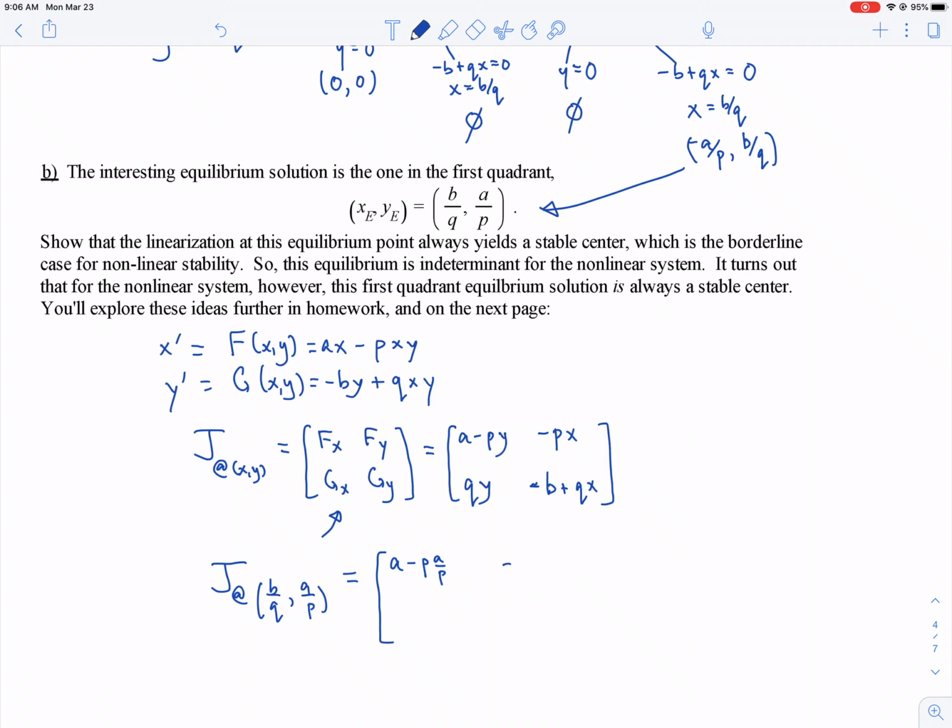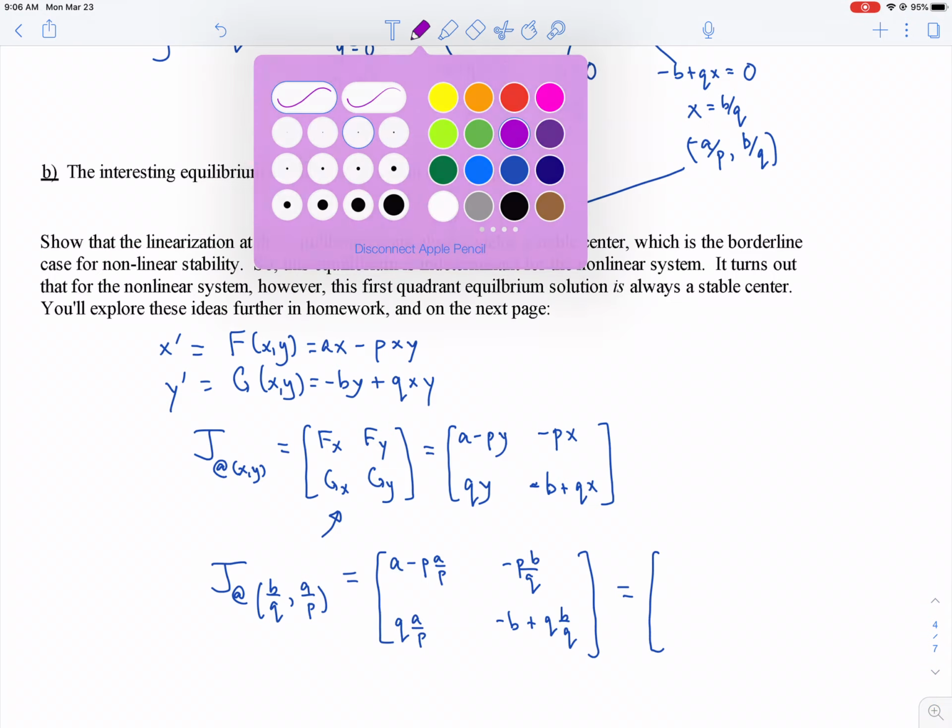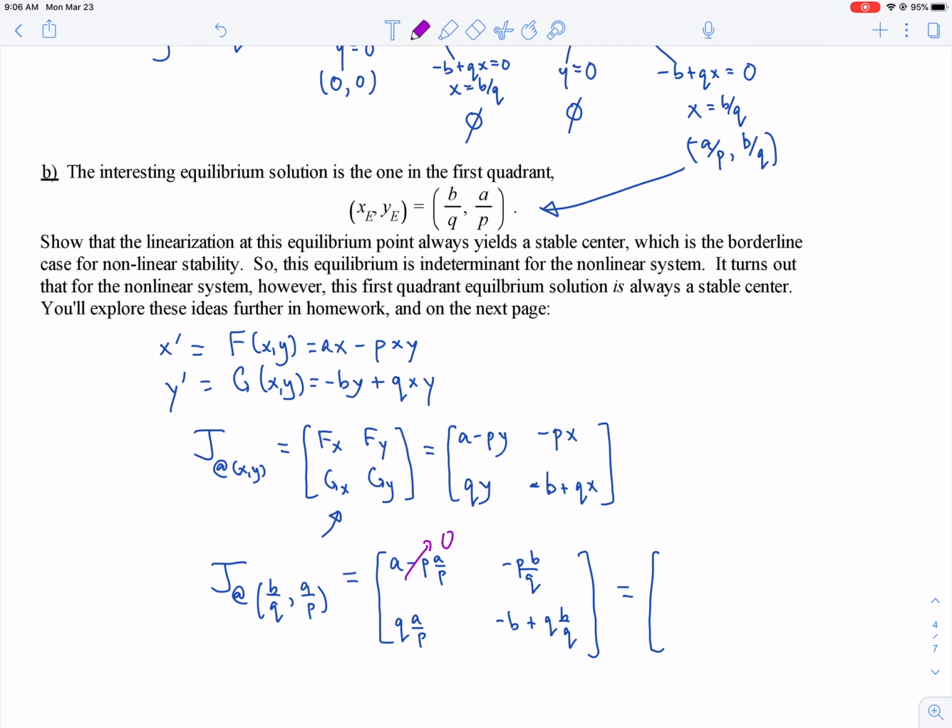Minus p times x is minus pb over q. q times y is qa over p. Minus b plus qx is minus b plus qb over q, which is 0. And look at the magic. The diagonal guys are both 0. And the off-diagonal guys don't look great, but there's just one of each term.